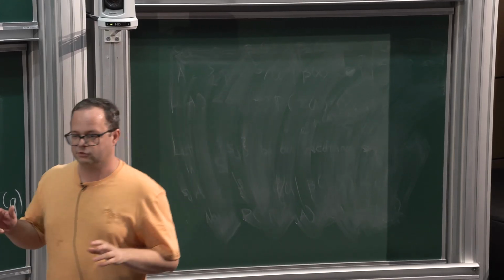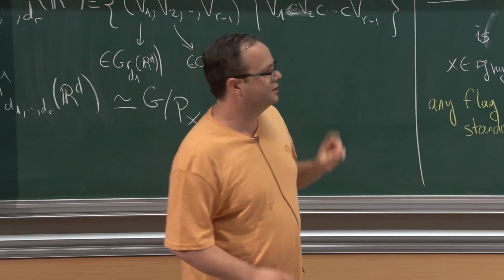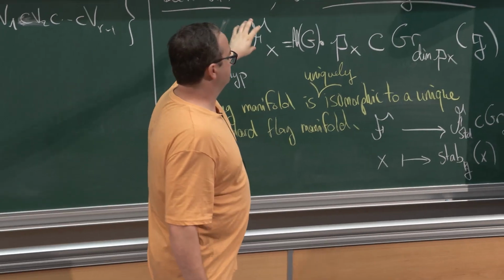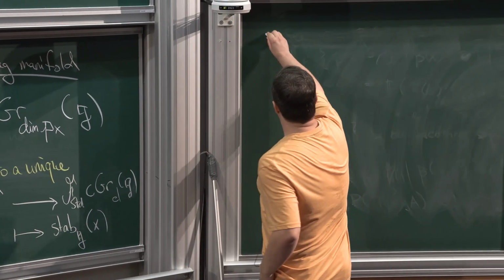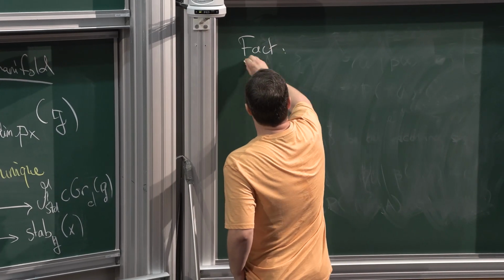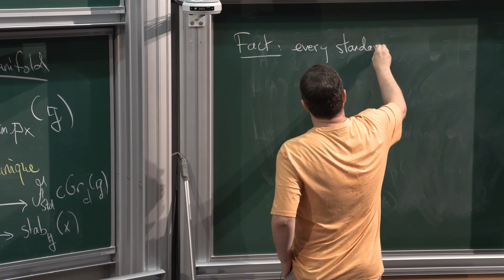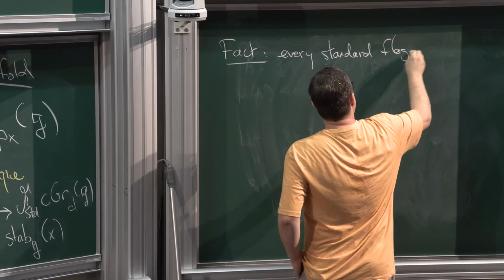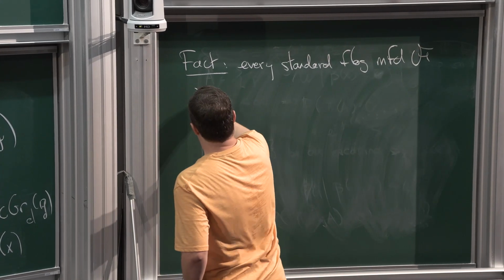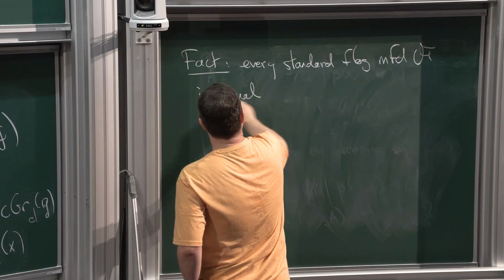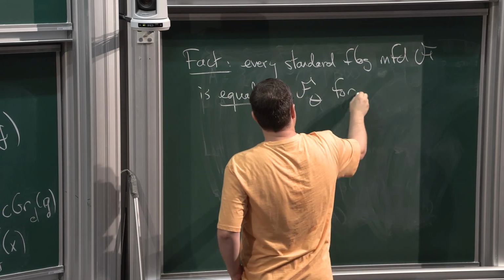Right, but really the difference between working with this description of standard parabolics and working with standard flag manifolds in general. So what I should say here is that every standard flag manifold F is equal to F theta for a unique theta.